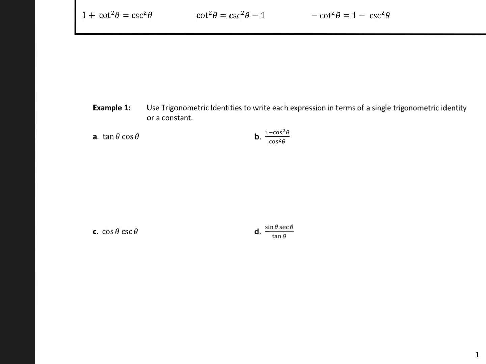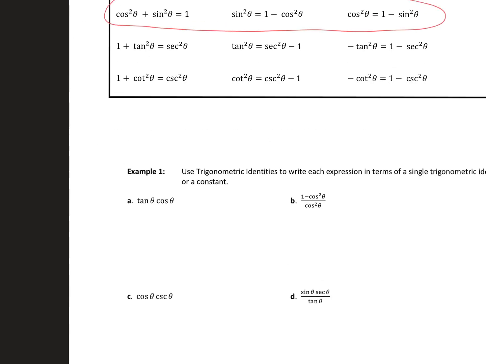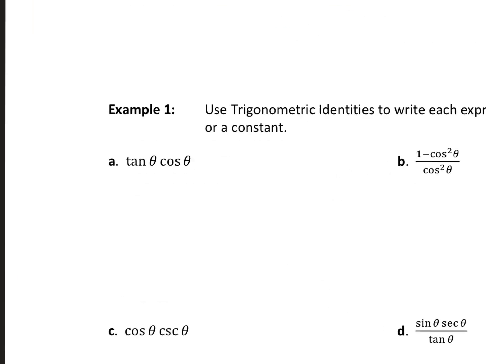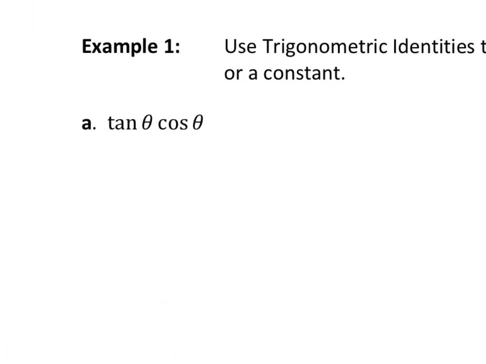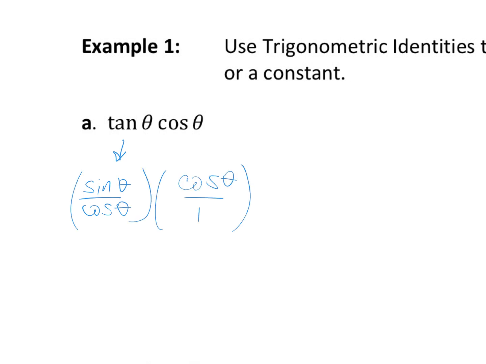What are the two most basic trig functions that we have? Sine and cosine. Okay, so let's look here. Tangent. Well, how can I rewrite tangent? That would make us be able to simplify a little bit. Tangent's the same as what? Sine over cosine. Agreed. Sine over cosine times, this is cosine over 1, right?